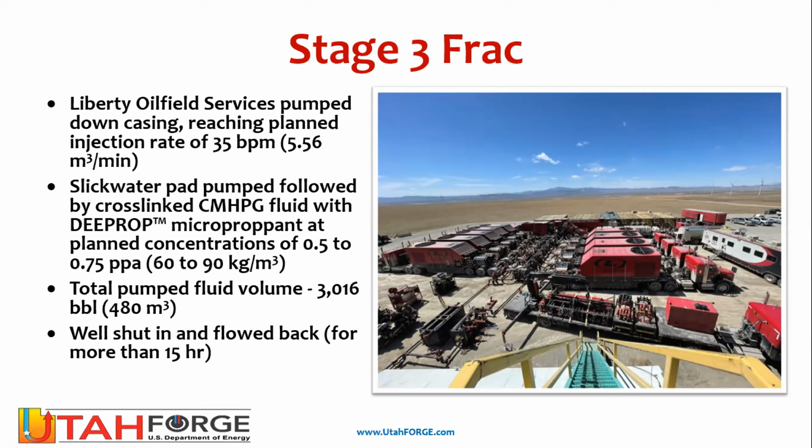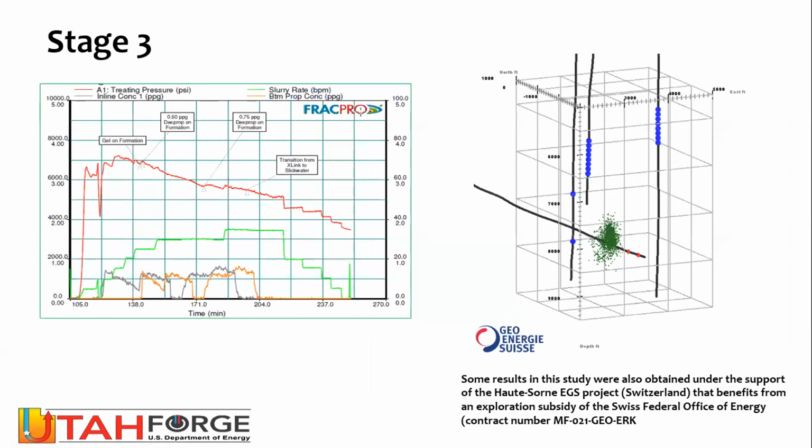Once again, this well was shut in for a brief period of time and then flowed back, with flowback rates, temperatures, and tracer concentrations being monitored at the surface. So this is one of the stages that we do have some preliminary seismic work.